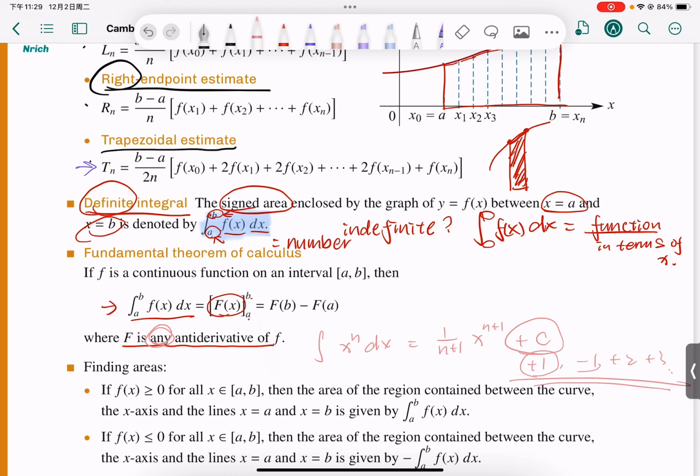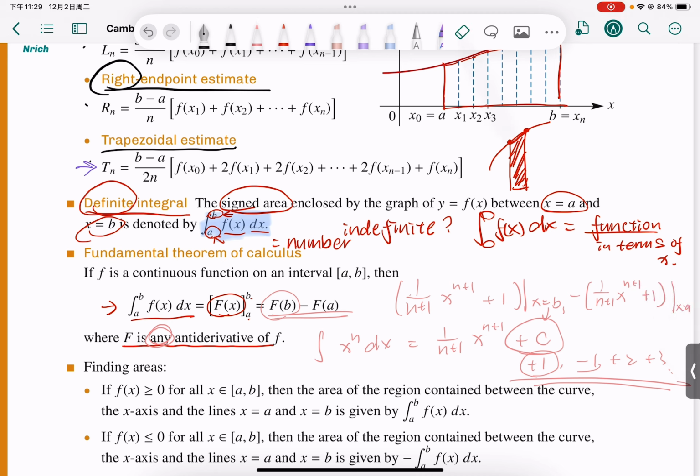Because if we have, for example, plus 1, so the c is 1, we actually have a function like this, plus 1 when x is equal to b, minus plus 1 when x is equal to a.